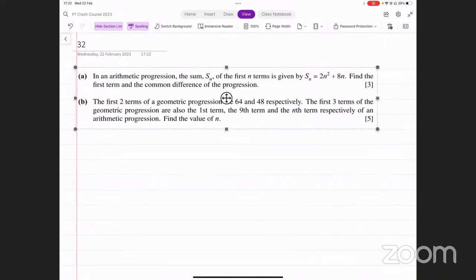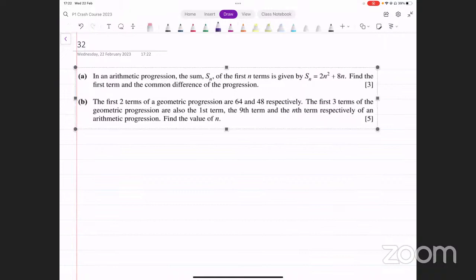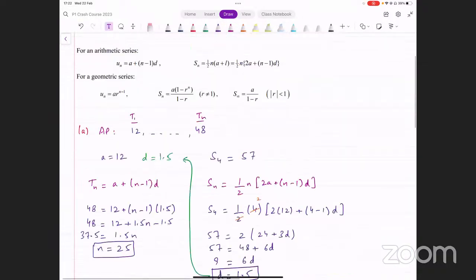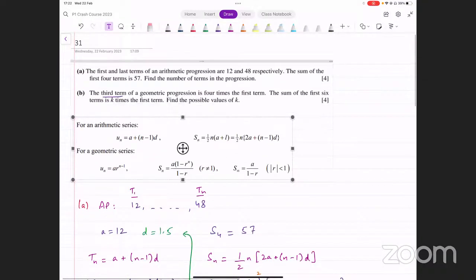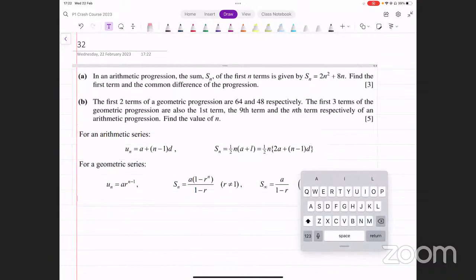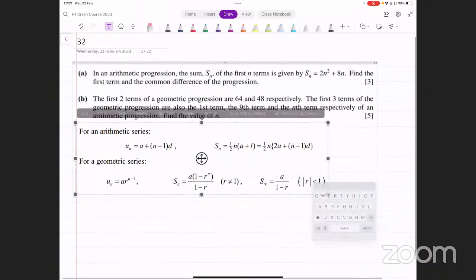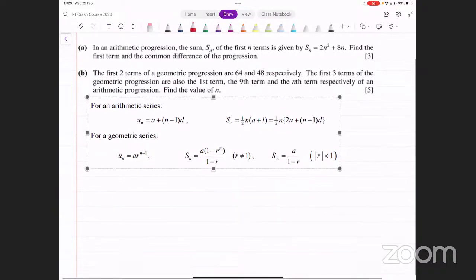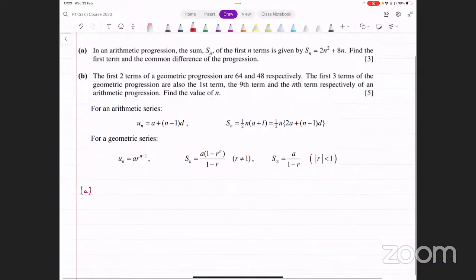All right, so it says, in an arithmetic progression, in an AP, the sum Sn of the first n terms is given by Sn equals this. All right, now let me just copy the formulas here. This is what the formulas look like. So we're talking about an AP in the first part.